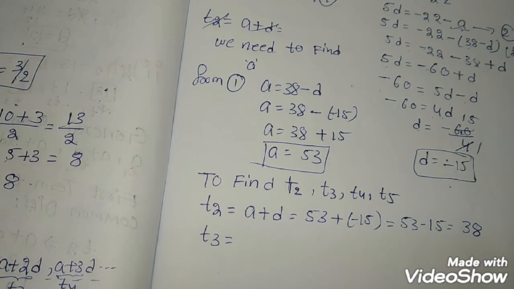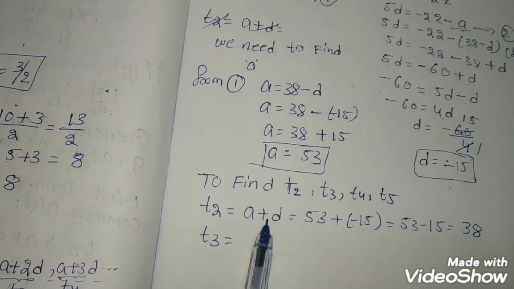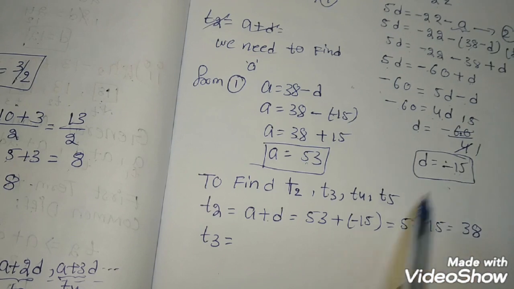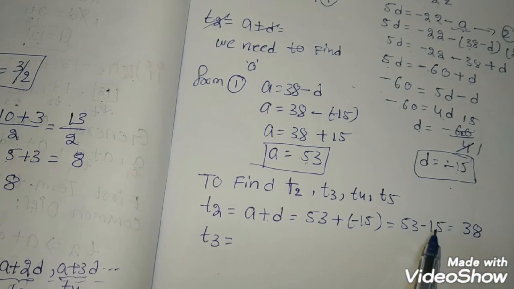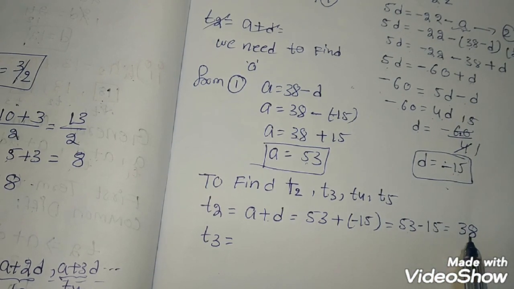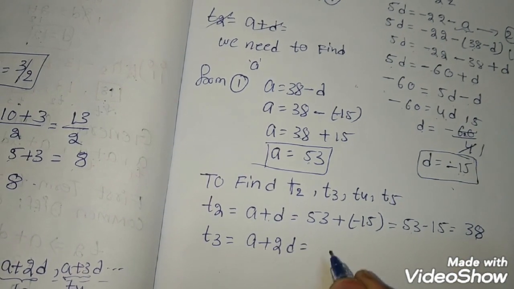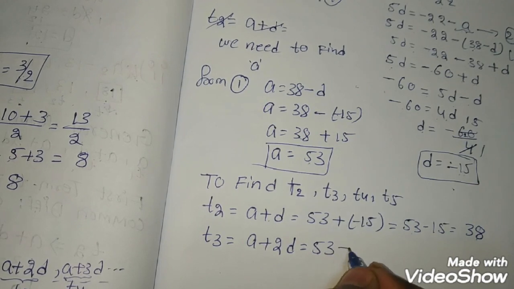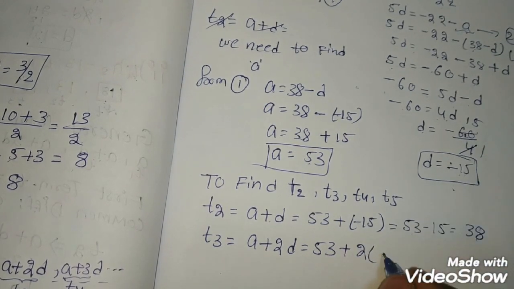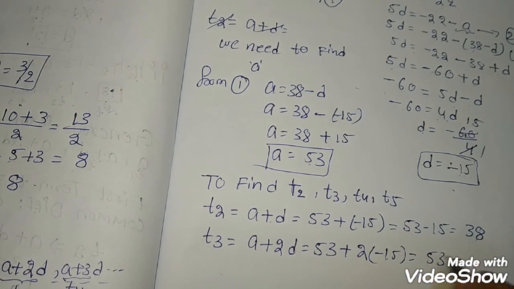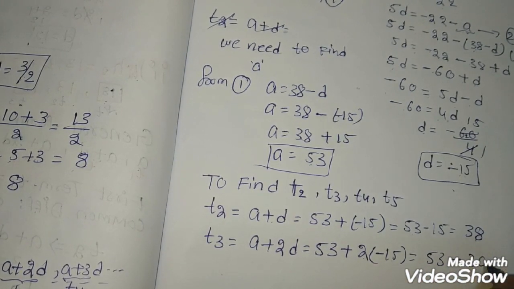Okay, we need to find terms 2, 3, 4, 5. What is the formula of term 2? That is A plus D. A is 53 and D is minus 15. So 53 plus into minus, minus 15, we get 38. What is term 3? A plus 2D. 53 plus 2 into minus 15. That implies 53 minus 15 twos are 30.